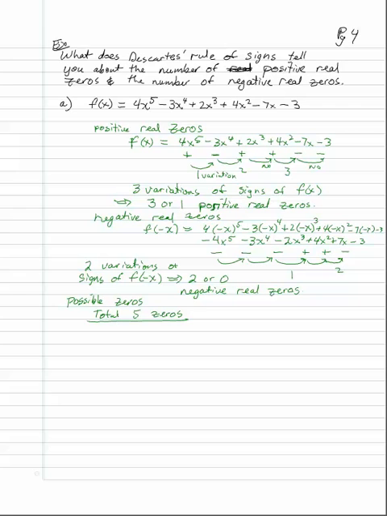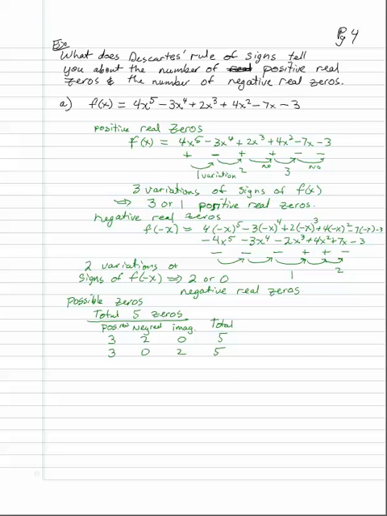So you can have 3 positive, 2 negative, and that would leave you 0 imaginary. Positive real, negative real, and then imaginary. So you can have 3, 2, and 0 for a total of 5. Or you can have 3, 0, 2, again for a total of 5.